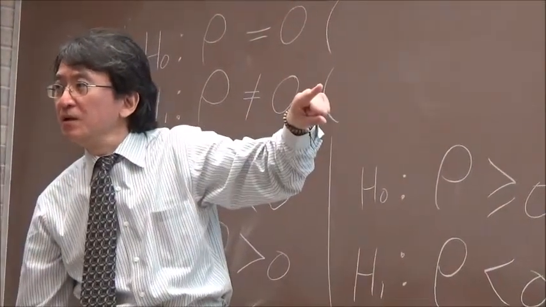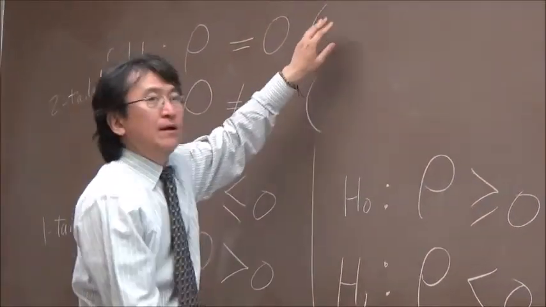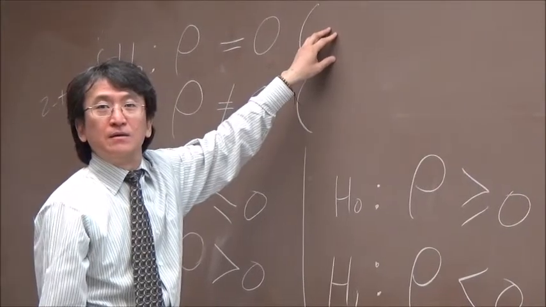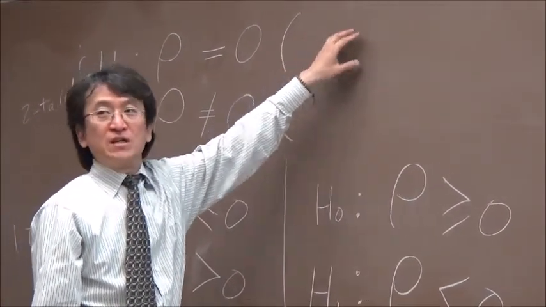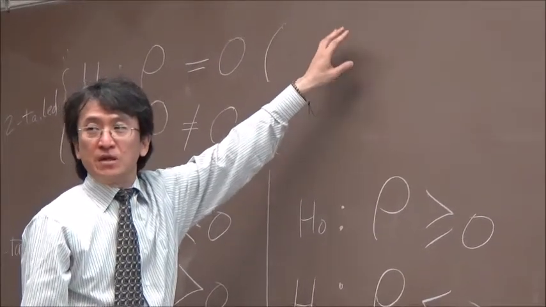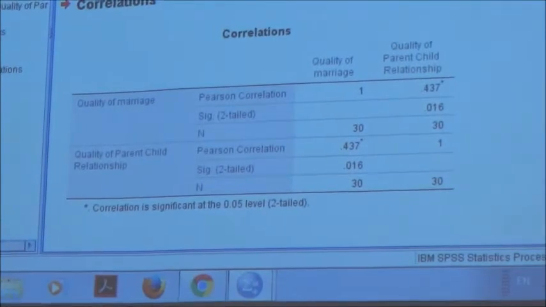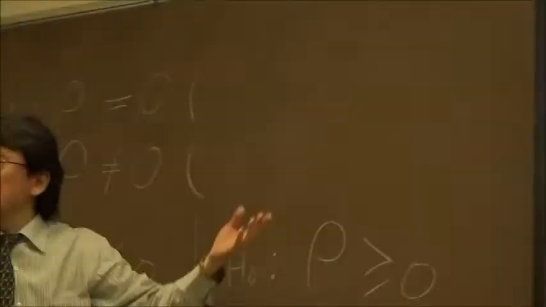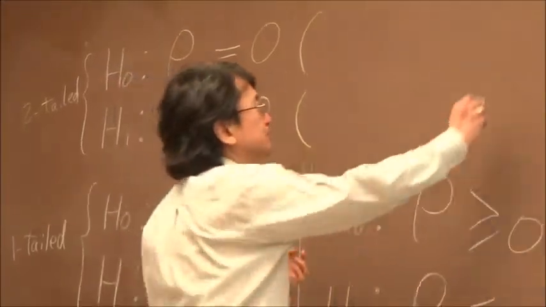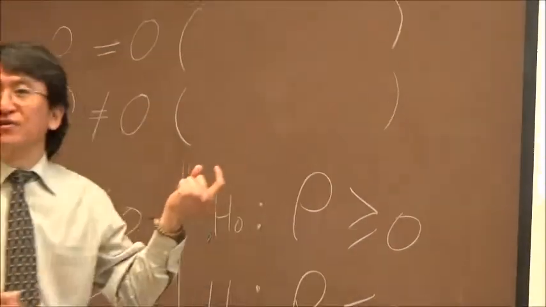Either way is okay. Do you understand that? No correlation exists between x and y, or there is a correlation between x and y. Does it make sense? This is how you verbalize it.